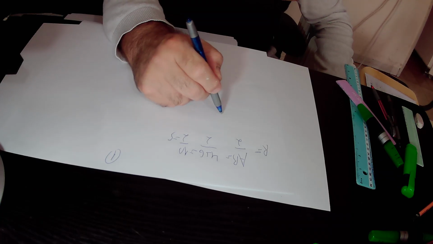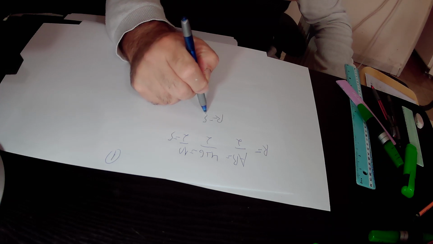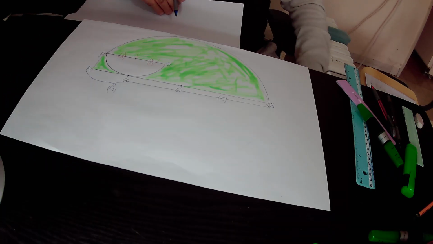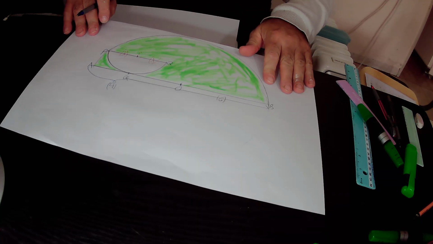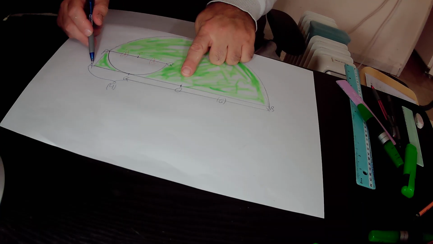So we found out that the radius of the big semicircle, capital R, equals 5 units in its length. This is the radius OB, it equals 5 units in its length. This is the radius OA, it also equals 5 units in its length.